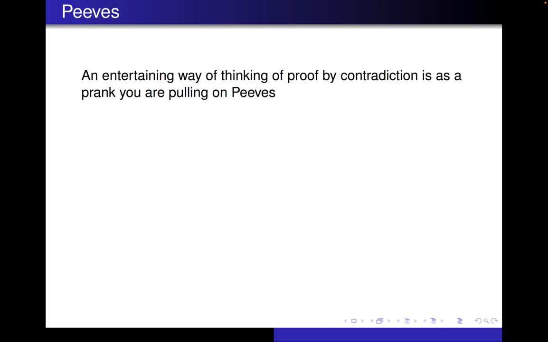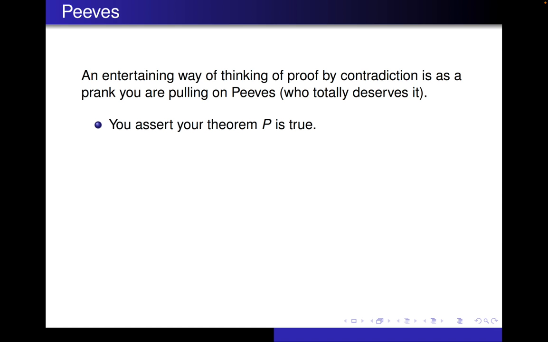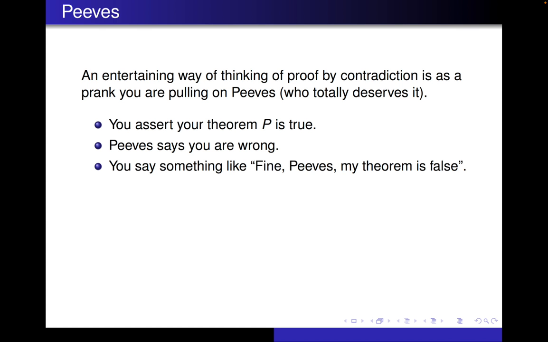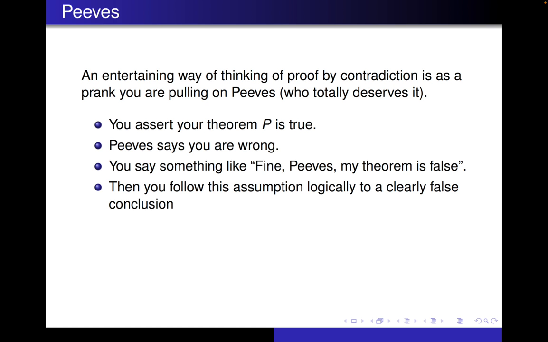So here's another way of thinking about proof by contradiction. I like to think of it as a prank that you're pulling on Peeves, which, you know what, after all the trouble that Peeves has given us, totally deserves it, all right? So you tell Peeves that your theorem P is true. Peeves says you are wrong. You respond by saying something like, fine, Peeves, my theorem is false. Then you follow this assumption logically to a clearly false conclusion.